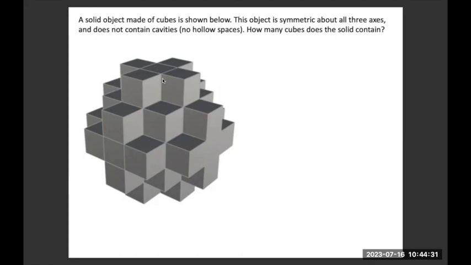What you have to find is how many of the cubes make up the whole solid. Go from top to bottom in layers. This is one layer, this is second layer, this is third layer, and keep on adding. In our previous question, you subtracted. In this case, you are adding. Okay.